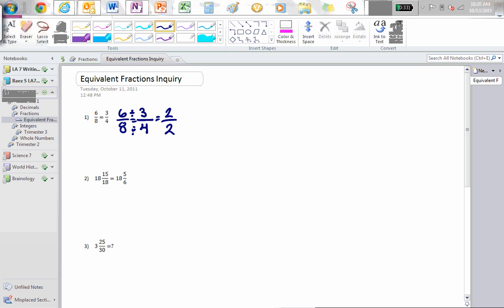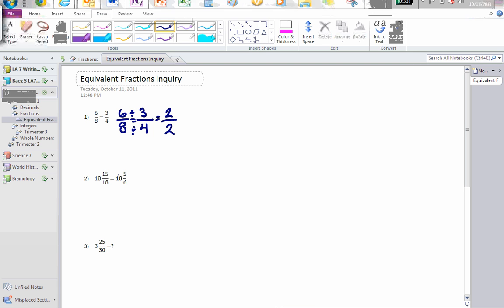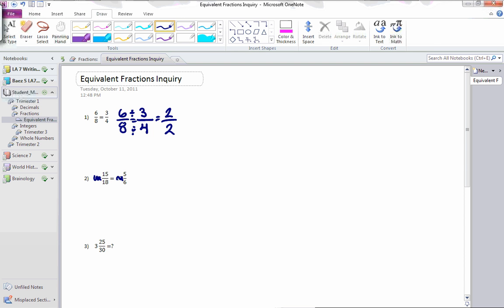Alright, so now we're going to do the next one. We're just going to leave the 18 out because they have the same amount of numbers. So now we're going to do 15 eighteenths equals 5 sixths. And I'm just going to highlight these division signs because it makes it easier. And then I'm going to write in my division signs.